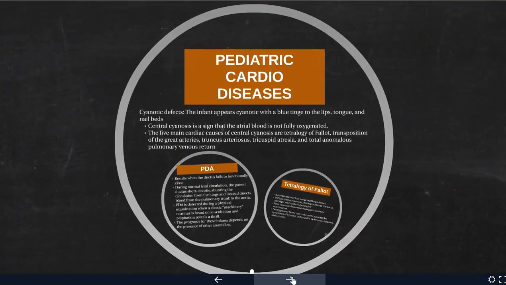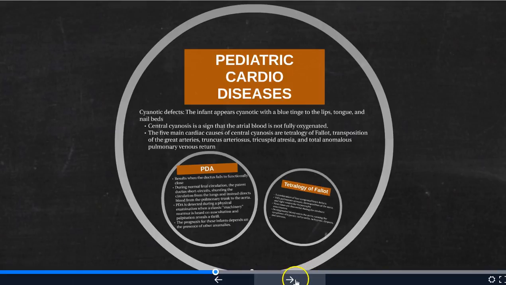All right, so pediatric cardiac diseases, we have cyanotic defects, and the infant with cyanotic defects appears to have a blue tinge to the lips and tongue and nail beds. Central cyanosis is a sign that the arterial blood is not fully oxygenated.